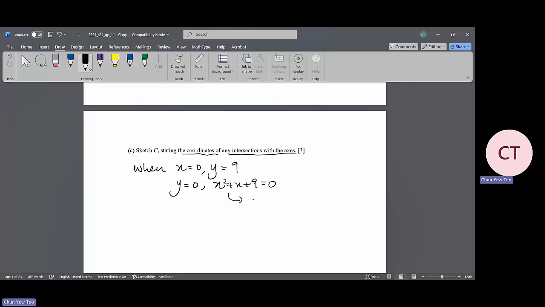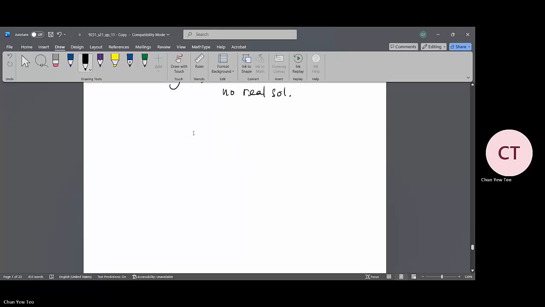So over here, actually, you can check the b squared minus 4ac. The discriminant is 1 minus 36. That will be negative 35, less than 0, no real value. However, we don't need to show that. We can just say that no real solutions. So therefore, we only have the y-intercept. We don't have an x-intercept.